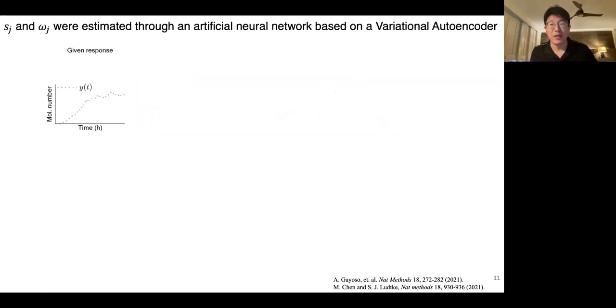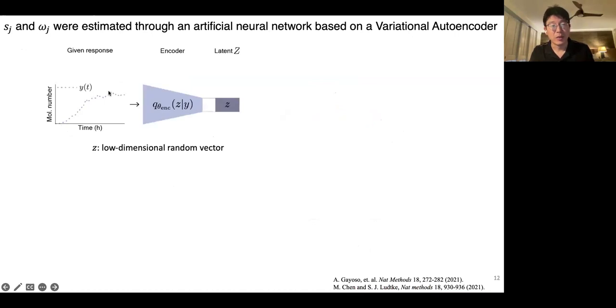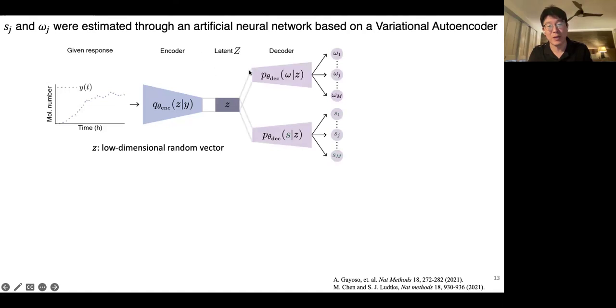Okay, let me explain our density PINN. From the given time series data y of t, we will use a variational autoencoder because our data has various noise, as it is experimental data. So we decided to use a variational autoencoder to estimate the omega parameter and the s parameter.